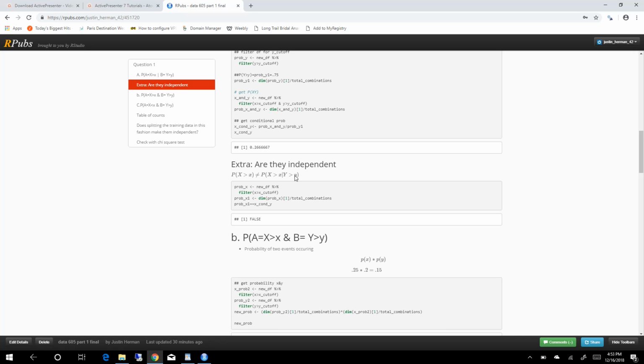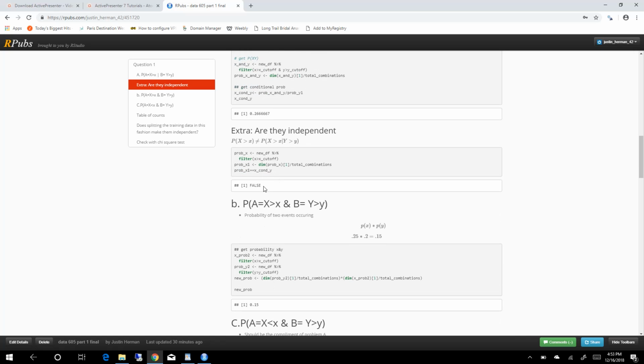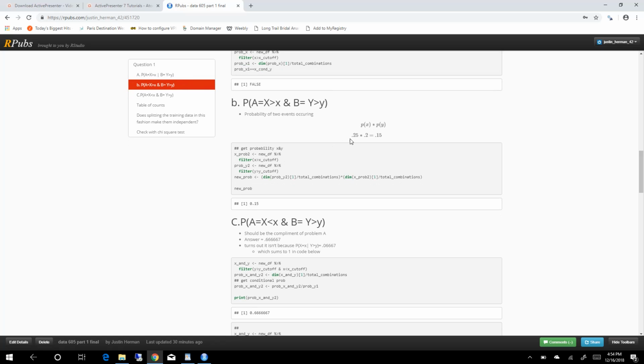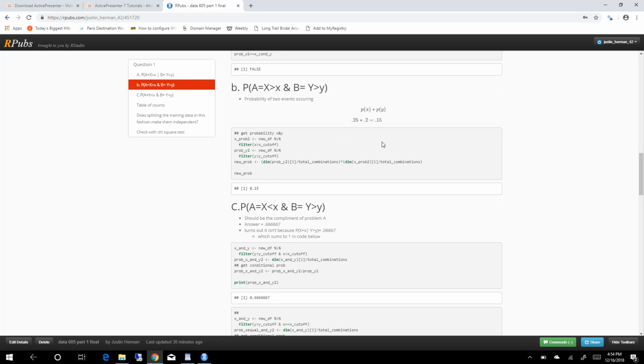That would mean that the probability of y given y should have no effect on the probability of x given x. When I plug it in here, you see that it's false, that they are in fact dependent on each other. For question B, it was just a simple question of find the probability of x given x and the probability of y given y, which is just 0.25 times 0.2, which equals 0.15.